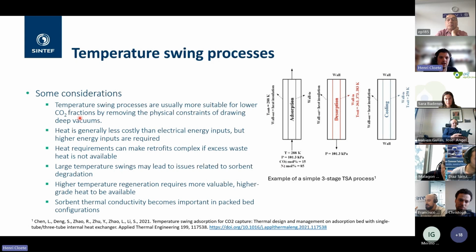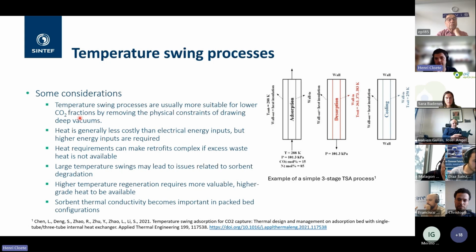So there's a bit of a trade-off there. So different to the pressure swing processes, since you need this heat, it can be difficult to retrofit existing processes since you need some kind of heat source. Otherwise, you have to build a new boiler to generate heat.